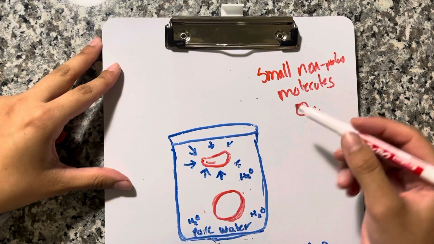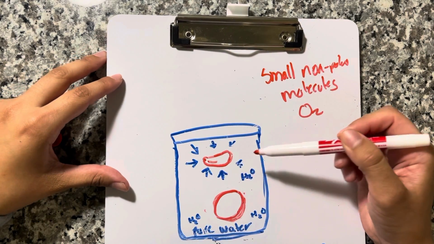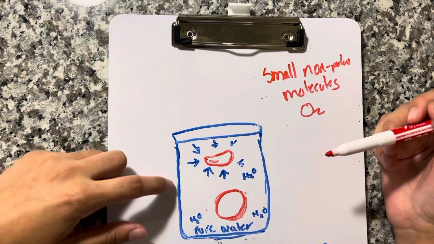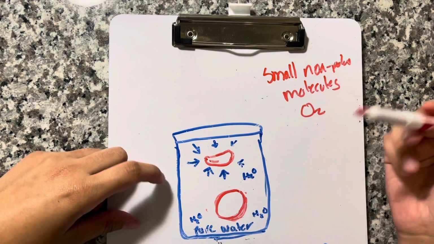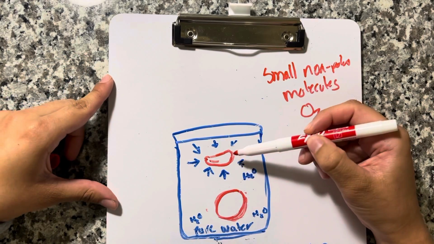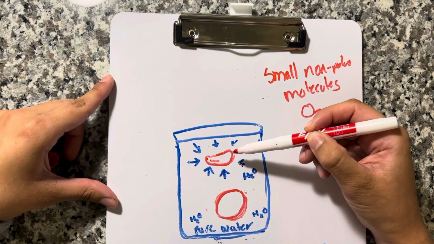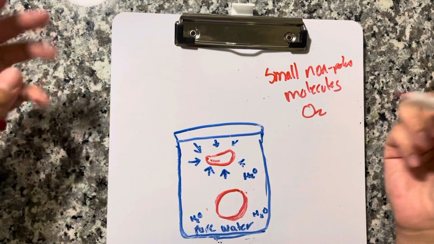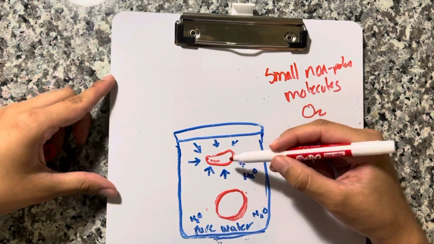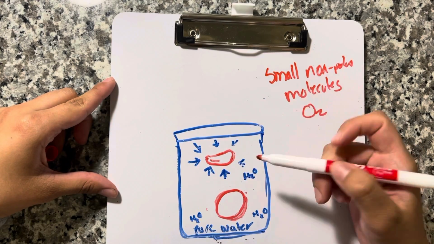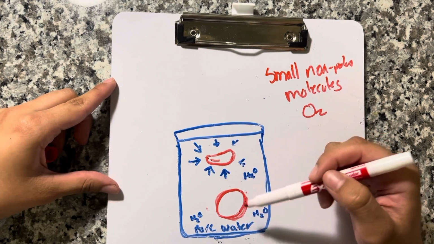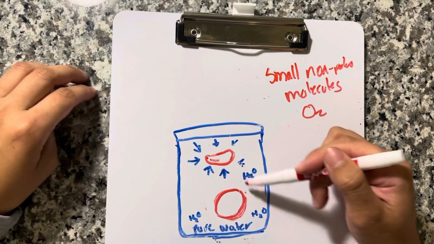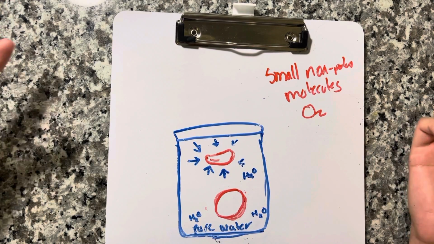So in this example, we have a red blood cell in a pure water concentration. So what's going to happen, there's going to be a higher concentration of this solute, so the salt or the sodium inside the cell, and there's going to be a low concentration of that solute on the outside because pure water doesn't have any sodium.